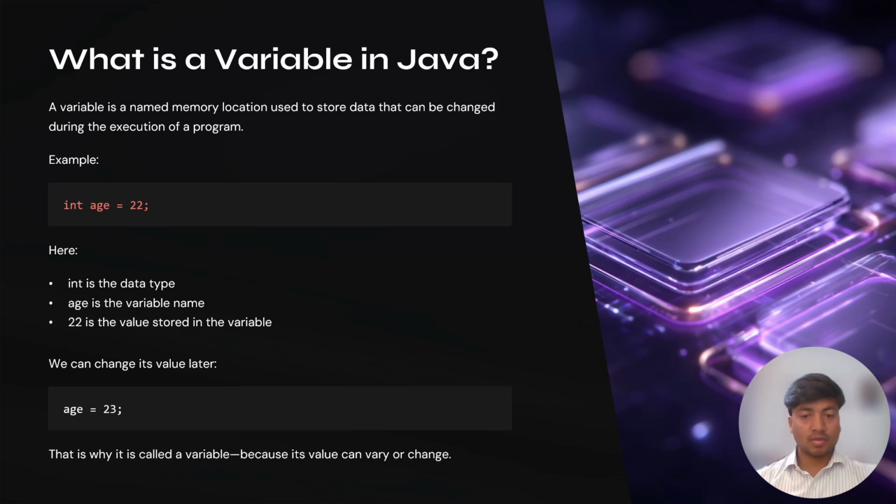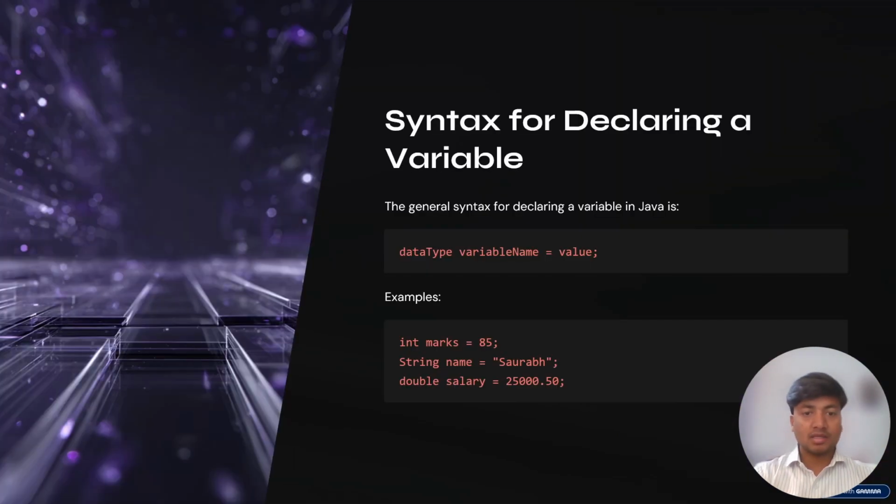Let us continue from my next slide. This next slide is about the syntax for declaring a variable. Here you see data type, variable name, value. This is the syntax for declaring a variable in Java.